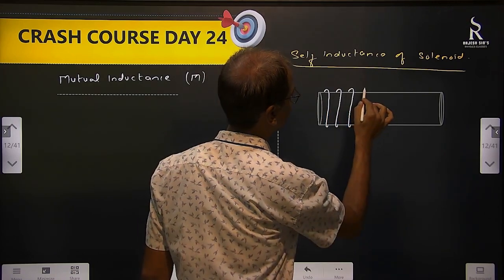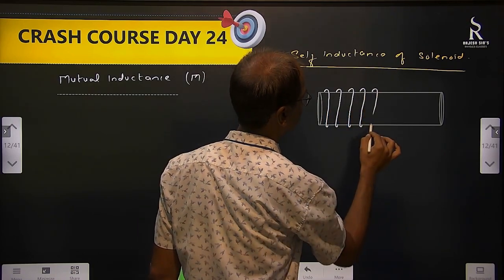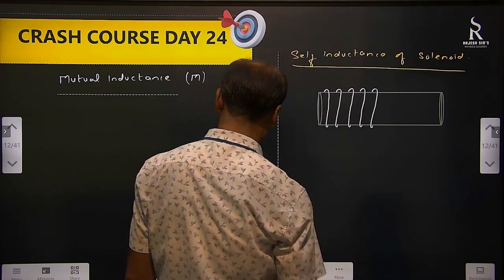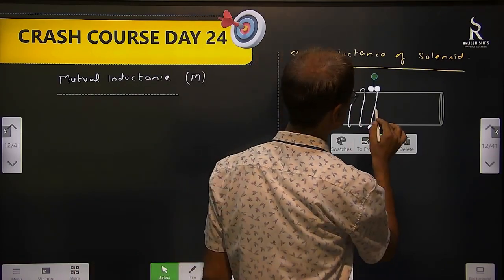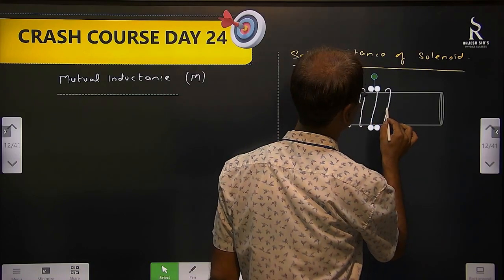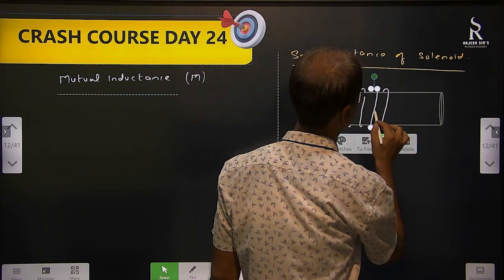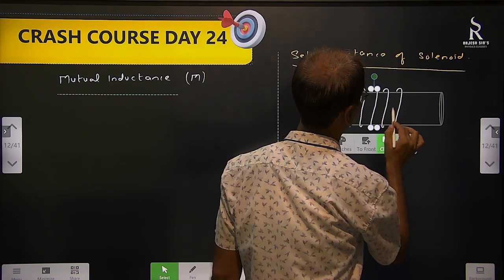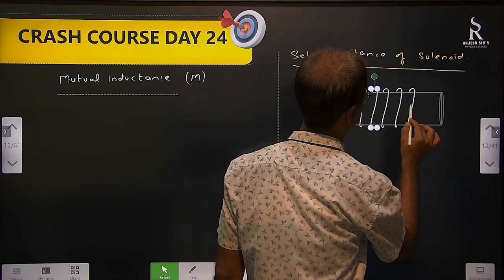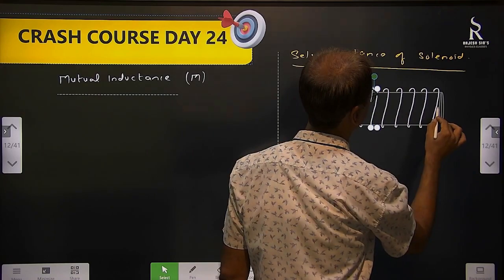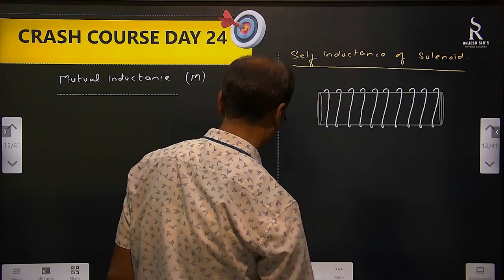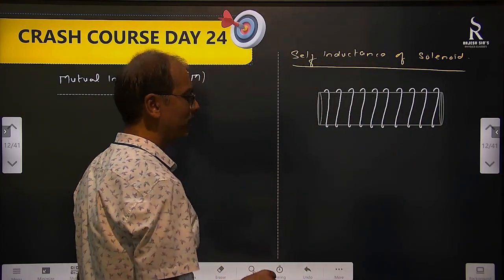Okay, this is our solenoid. Making turns is also difficult. Let's take the help of this. Like this. Okay, fine.